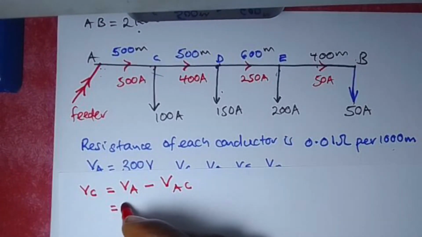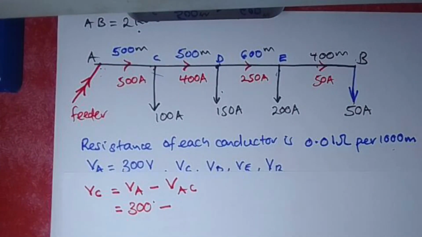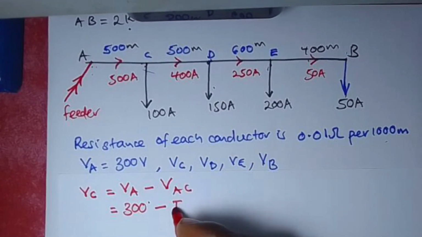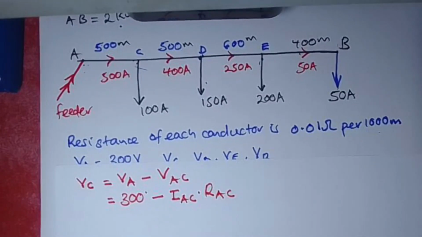So we shall use 300 volts minus the voltage drop along SC. Now the voltage drop along SC is going to be equal to the current flowing through that section, which is ISC, times the resistance across that section, which is RSC.